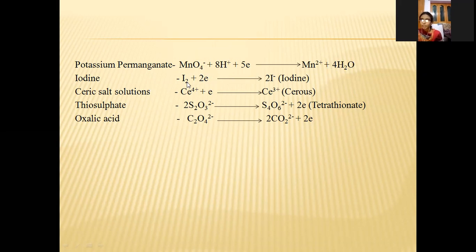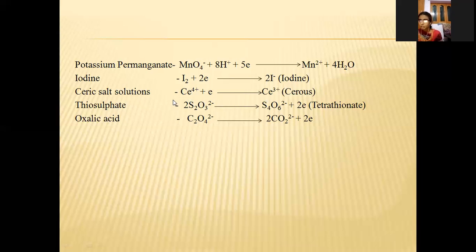Next, iodine: I2 plus 2 electrons gives iodide. Next, ceric salt solution: cerium Ce4+ plus 1 electron gives cerous Ce3+.